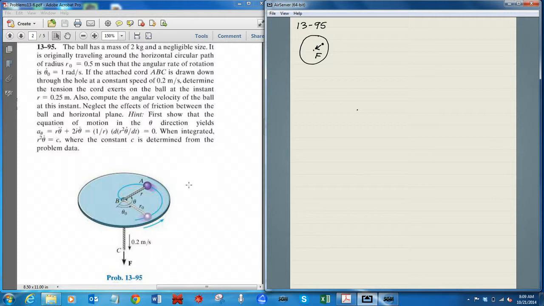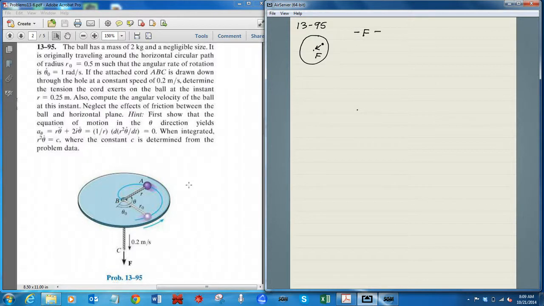So starting off with this, I come in and say, all right, let's use the R and the theta coordinates, which is not too difficult to do. So let's apply the forces and set it equal to mass times acceleration. So here we go. Okay, so in the radial direction, or the UR direction, the only force I have is F, and it's in the negative direction, so I have minus F. That's it.